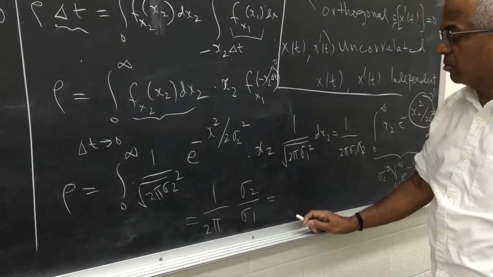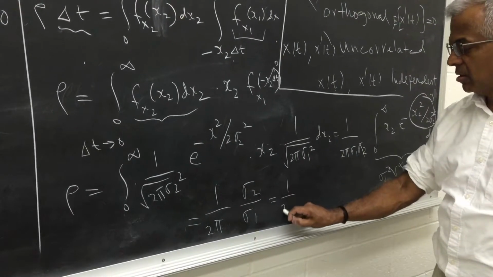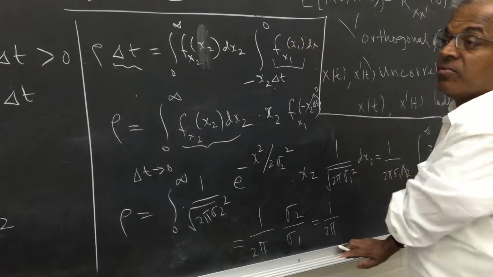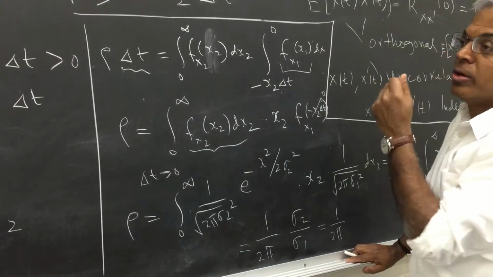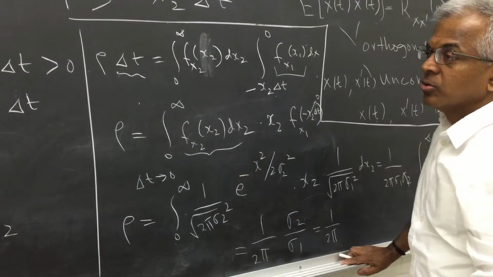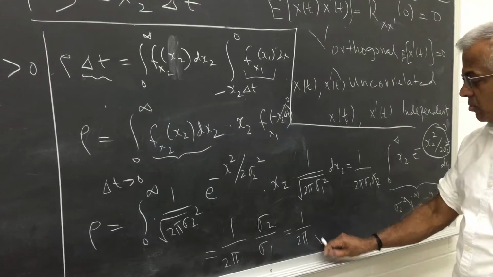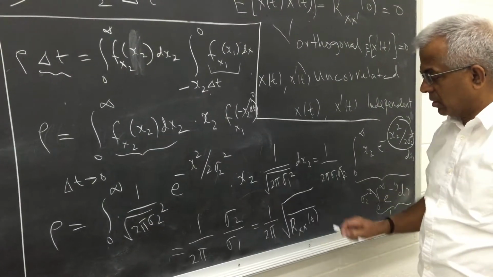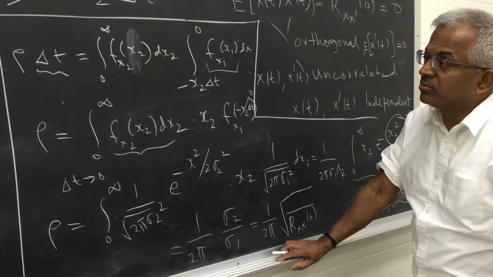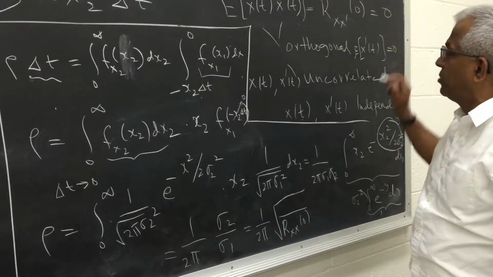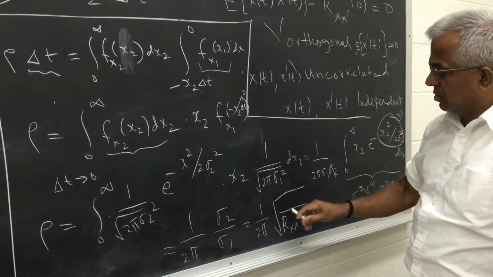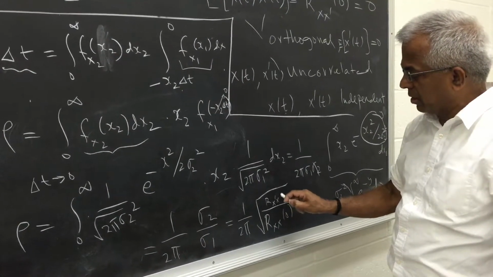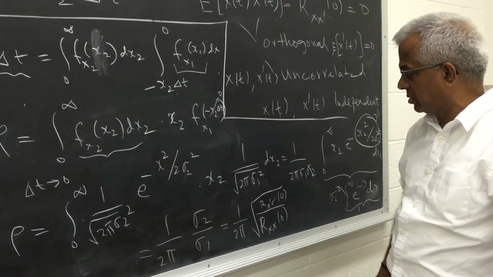But in terms of autocorrelation functions, what is sigma 1? Sigma 1 is the variance of the random variable x1. x1 is x of t1, so its variance is rxx of 0. And sigma 2 is the variance of the random variable x2, which is the derivative of x of t. Its variance is r x prime x prime evaluated at the origin.